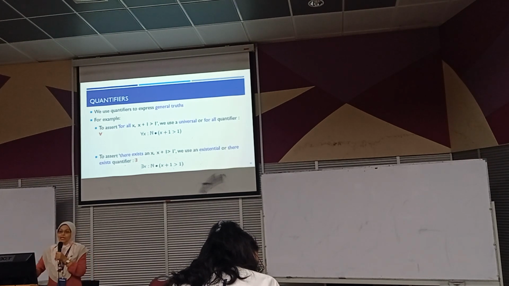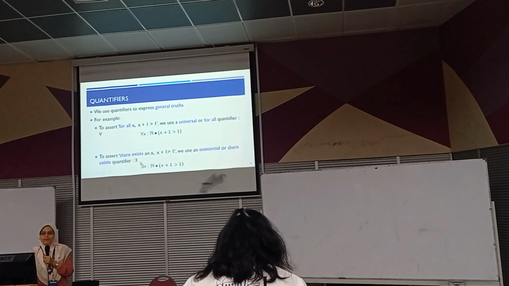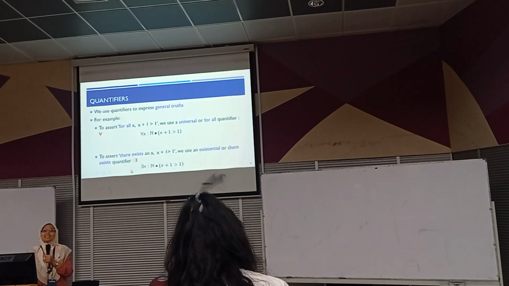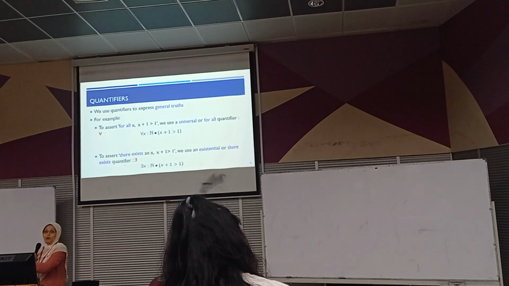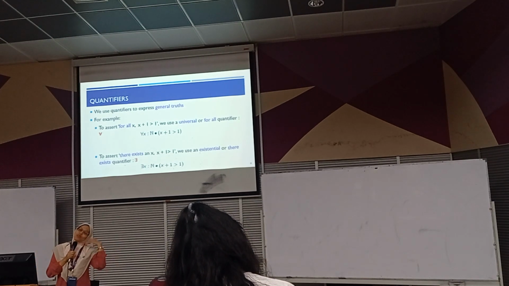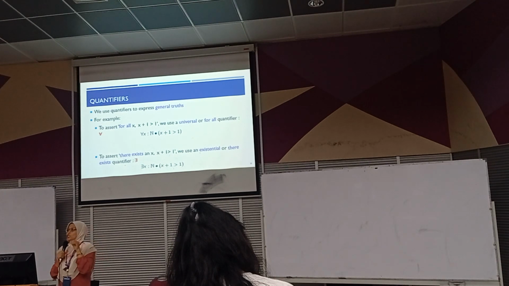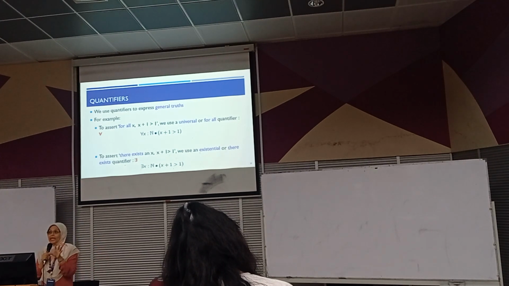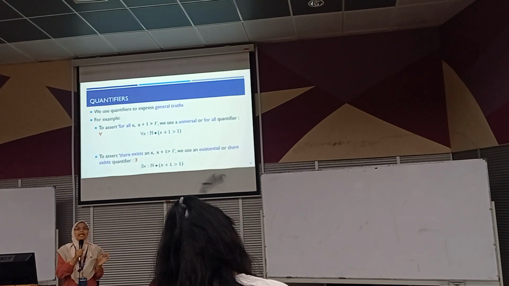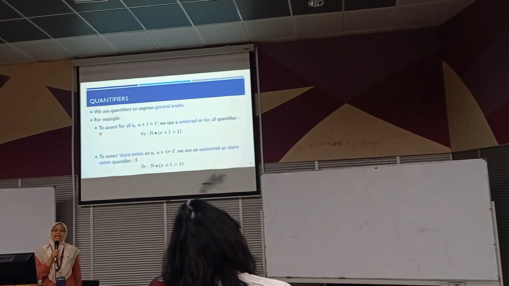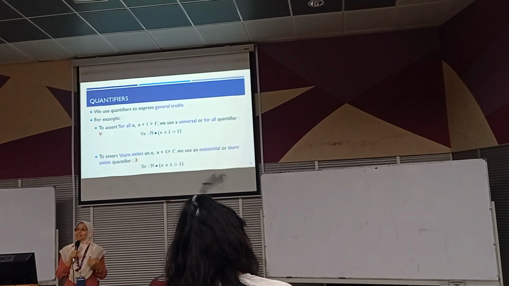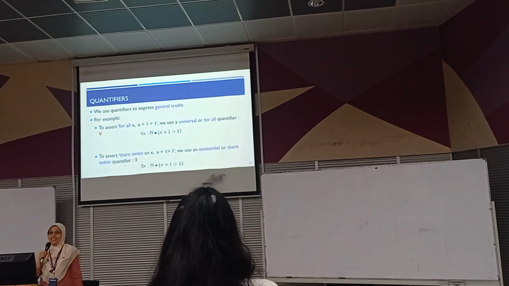Another one, there exists. There exists means if the record exists, you proceed. If not, then you just leave it. Normally you will use there exists in the operation schema. For example, let's say I want to have a form asking the user to enter their registration information.